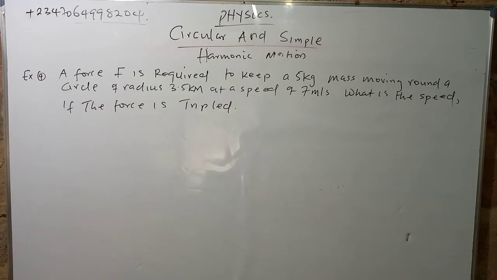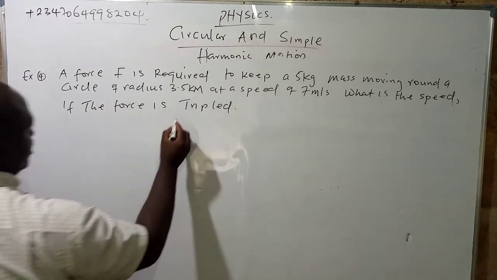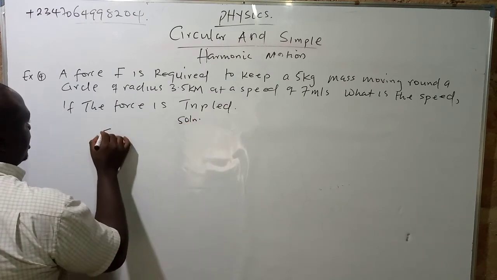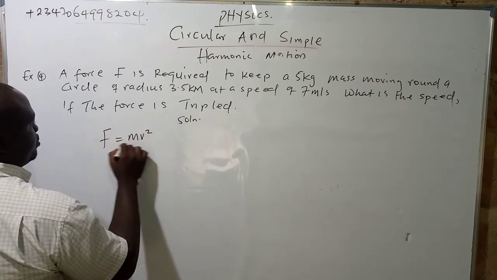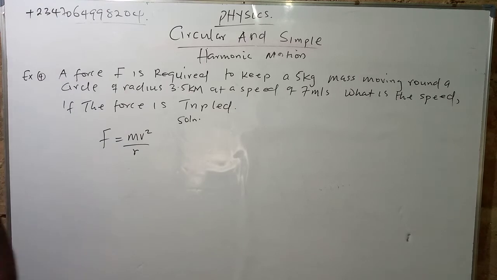A force F is required to keep a 5 kg mass moving around a circle of radius 3.5 m at a speed of 7 meters per second. What is the speed if the force is tripled? Now, we do not know the force F. And remember, from the formula already gotten, F is equal to mv squared all over r. So the first thing is to calculate the force.